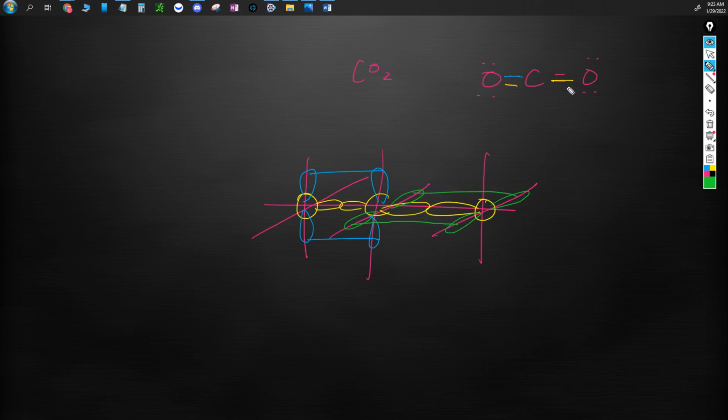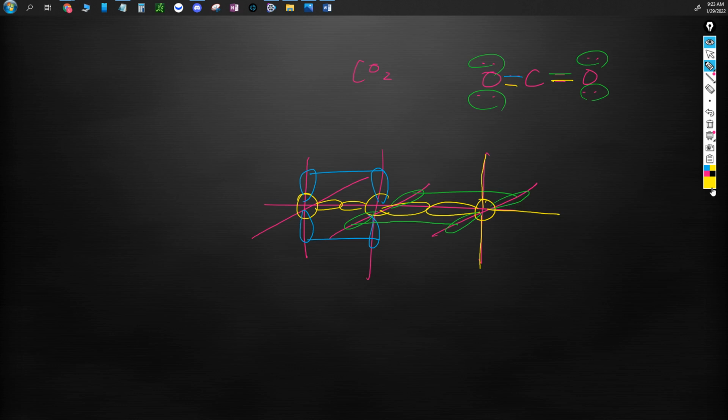Now you can see you have two lone pairs here and here, and also here and here, which need to be placed. Right now we don't have anything on this side, or on that side either. So this whole fan-looking dimension is where these two pairs of lone pair electrons are going to be occupying.